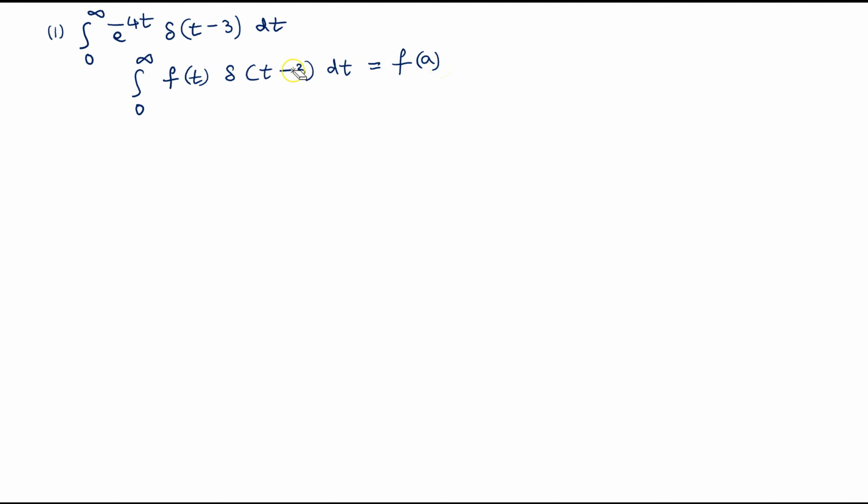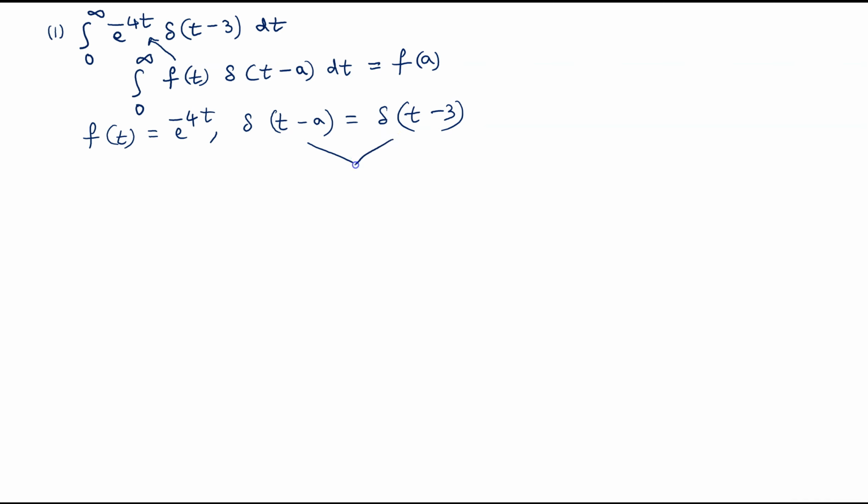Here not 3, let us write general terms. Delta of t minus a, f of t into delta of t minus a dt equal to f of a. Now let us compare this given question and the LHS of this property. Then you can identify f of t equal to e power minus 4t and delta of t minus a is equal to delta of t minus 3. Right?